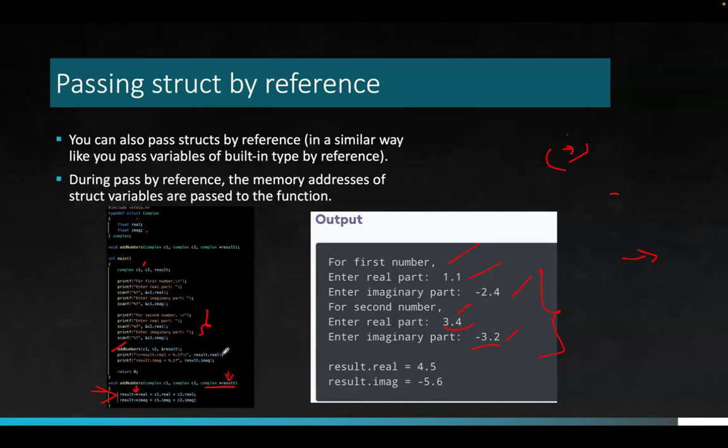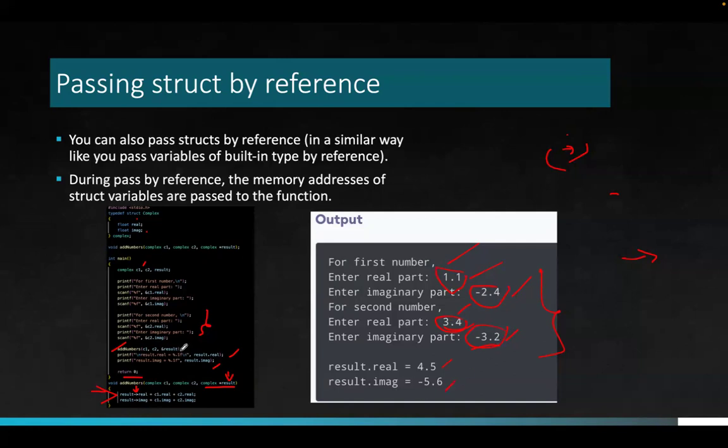When that is done, we can access the data as result.real and result.imaginary, and return 0. So result.real is the addition of the real numbers 1.1 and 3.4. The imaginary part is minus 2.4 and minus 3.2. 1.1 and 3.4 is nothing but 4.5. Minus 2.4 and minus 3.2 is nothing but minus 5.6.